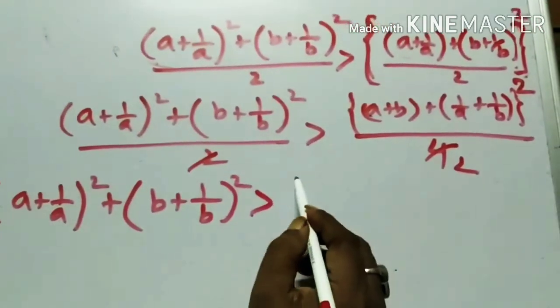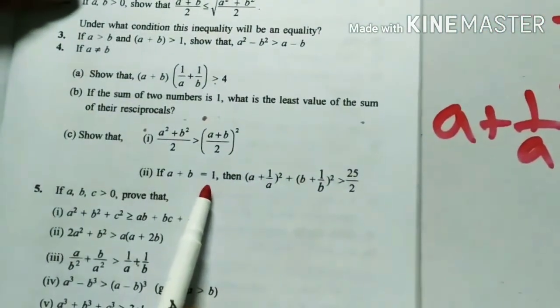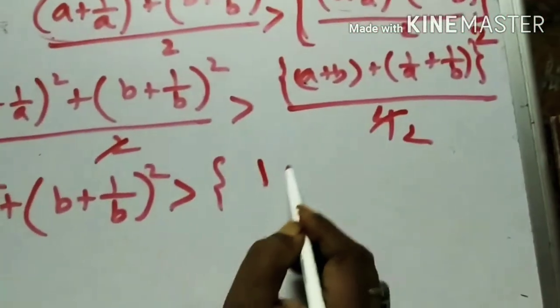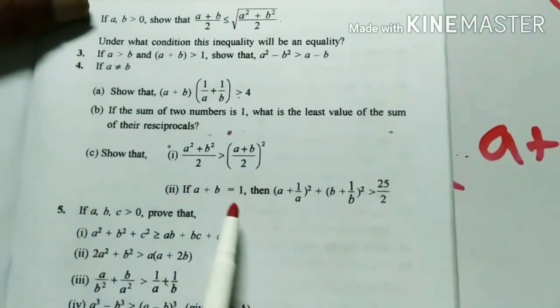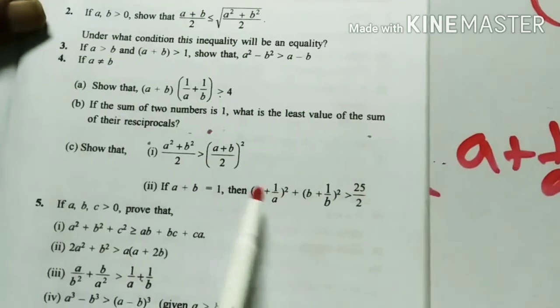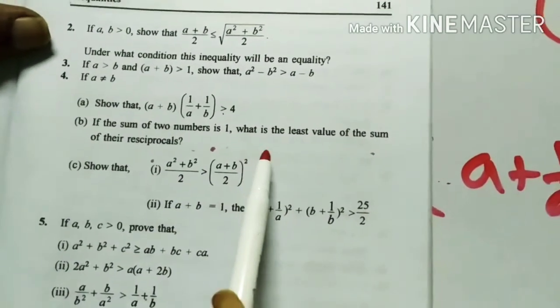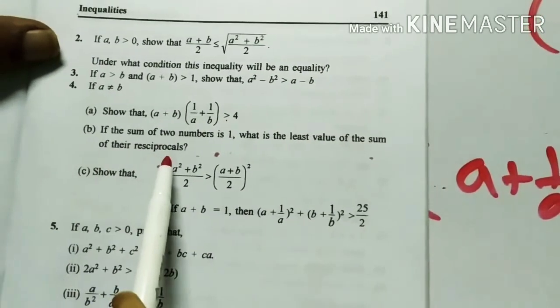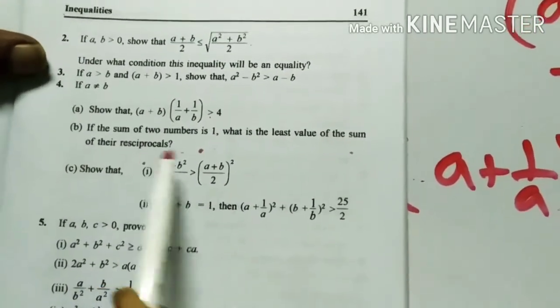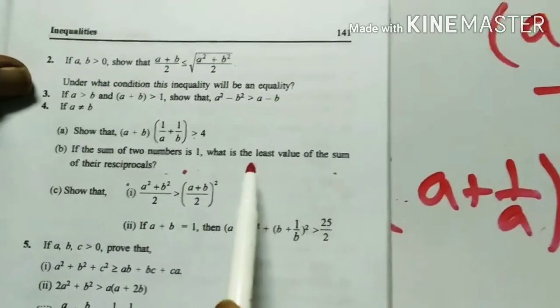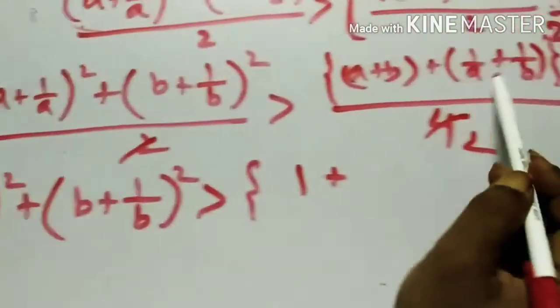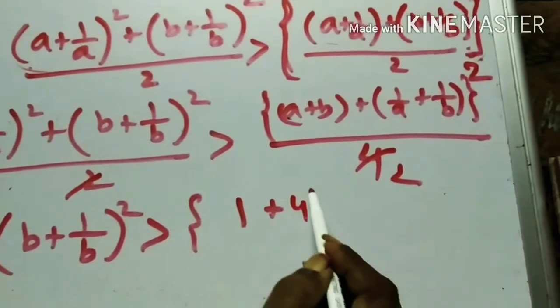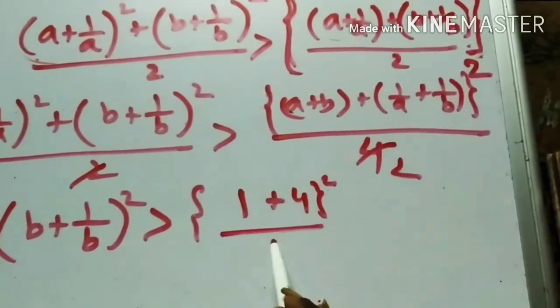Now see, here it is given a + b = 1. So a + b is 1. Plus, here we have found the least value of the sum of the reciprocals, which was 4. So the least value of the sum of the reciprocals is 4, and the whole square by 2.